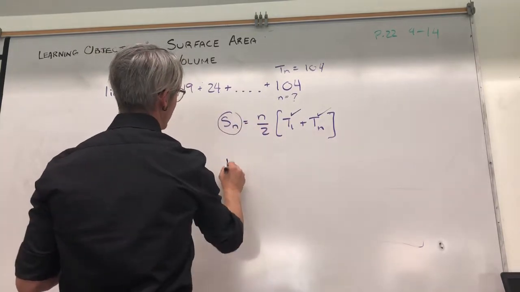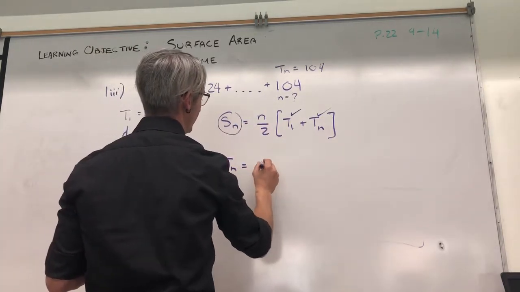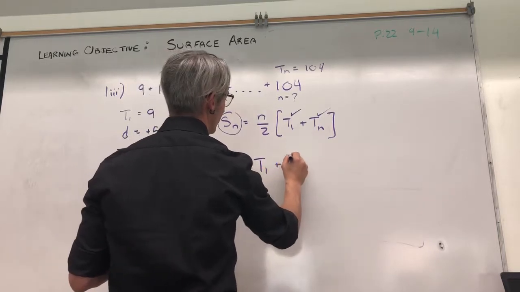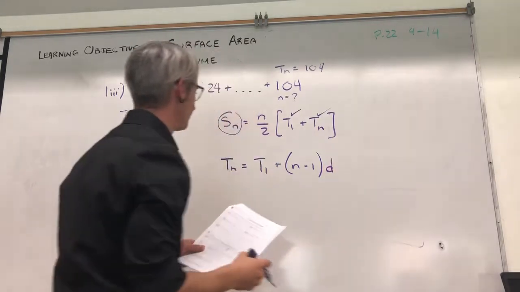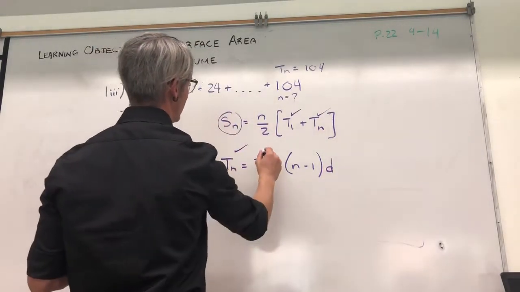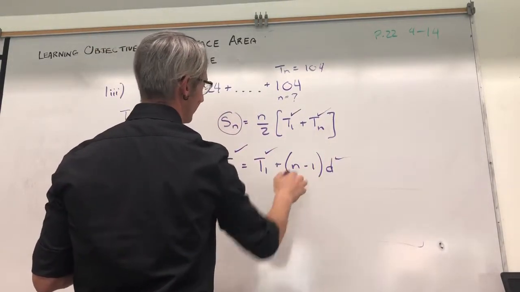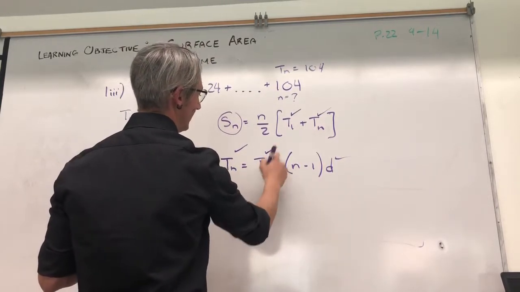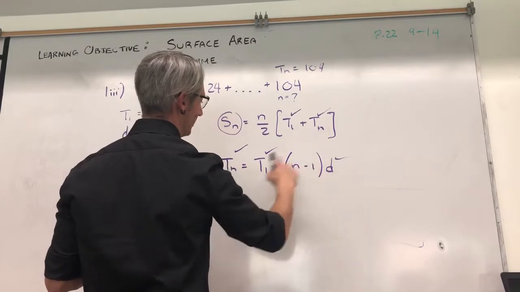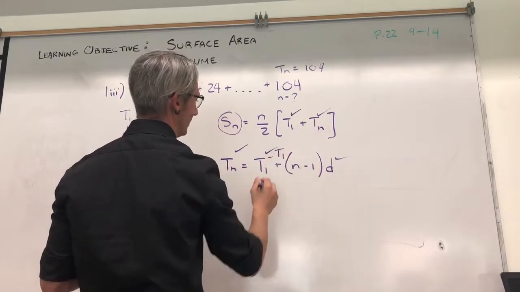So let's look at the other equation I know. Tn is equal to T1 plus n minus 1 times D. I know this, I know this, and I know this. So I can solve for n. First off, T1 is not married to anything. It's on its own, so I can subtract it out.